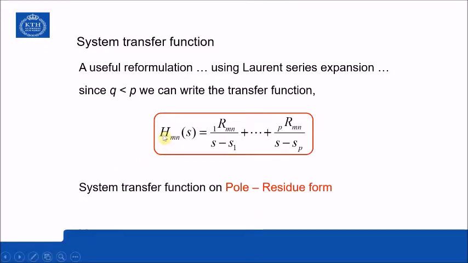So this means that we can write the system transfer function as a sum of residues over s minus the poles, like this. And this I will denote as the pole residue form of the system transfer function.